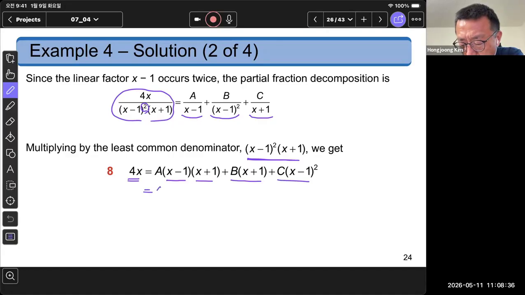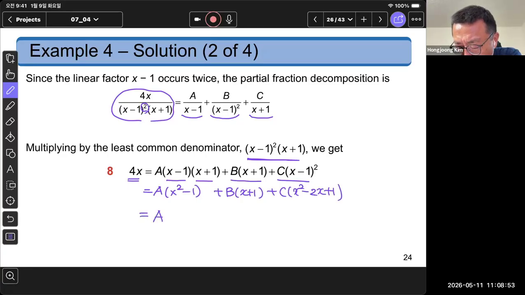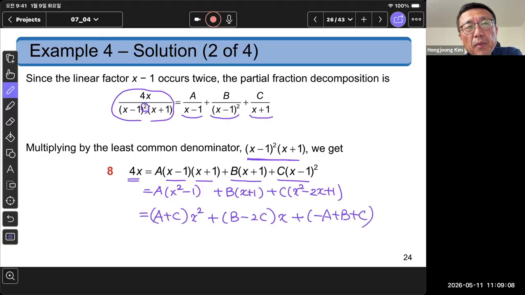So you get a times x squared minus 1 from the first term, plus b times x plus 1, and c times x squared minus 2x plus 1. So you get a plus c times x squared, plus b minus 2c times x, plus minus a plus b plus c as the constant. And that must be the same as 4x.